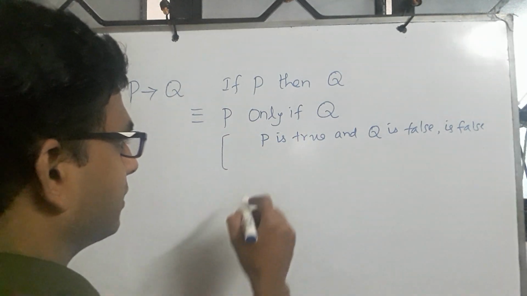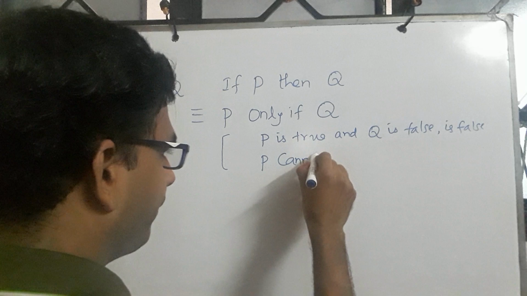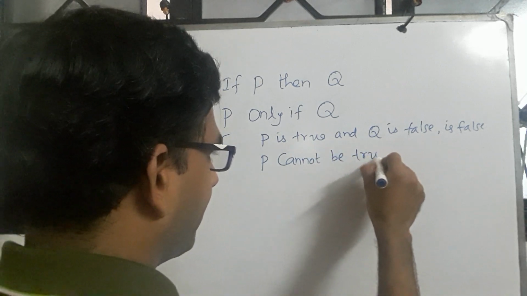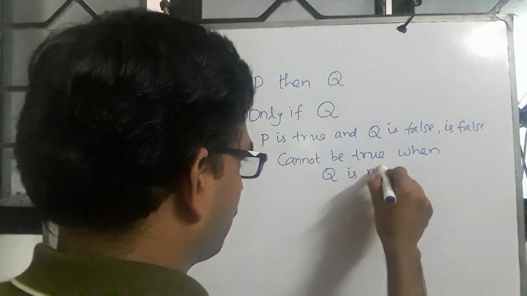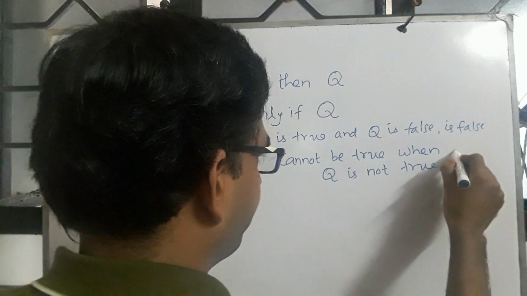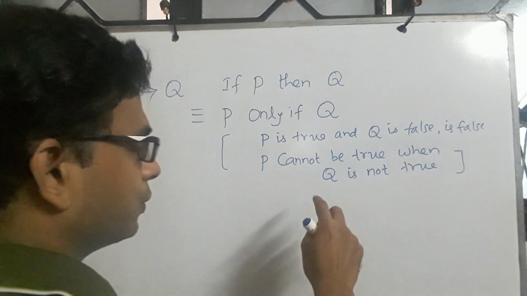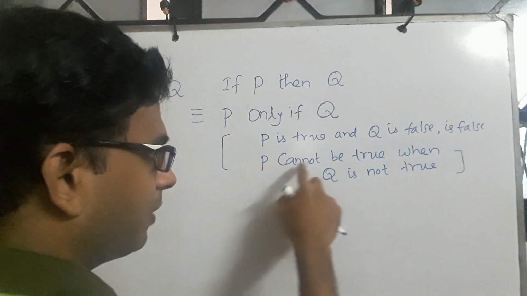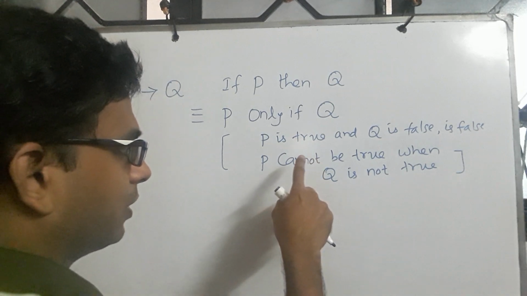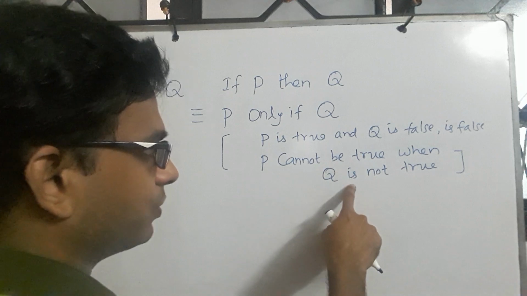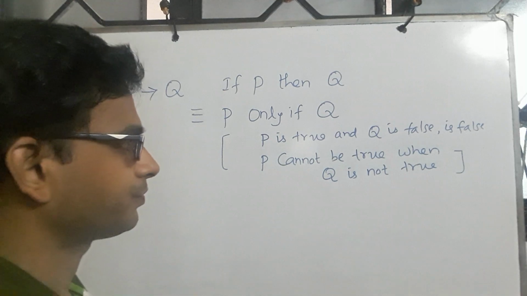Or put it in other words, P cannot be true when Q is not true. Okay. So P cannot be true when Q is not true. What does that mean? P is true and Q is false implies false. All other cases it is true.